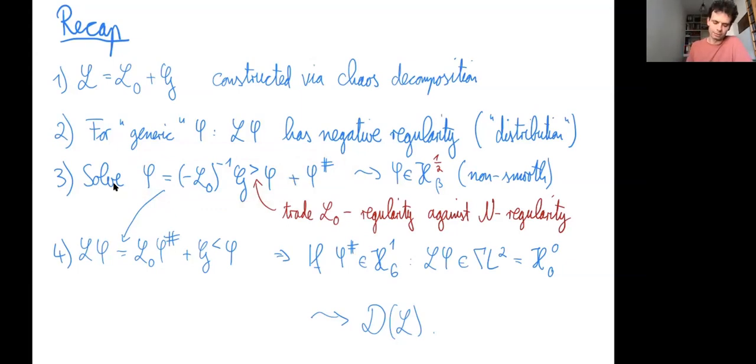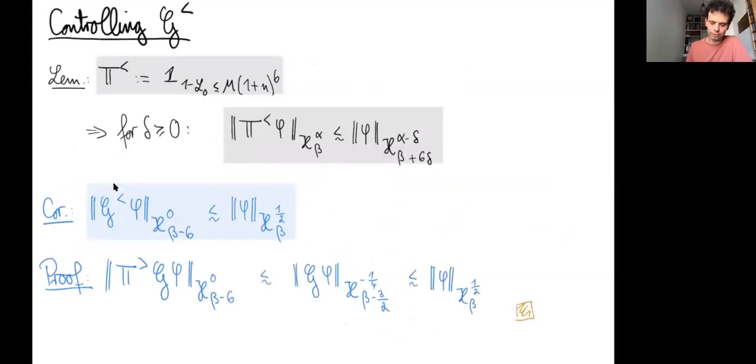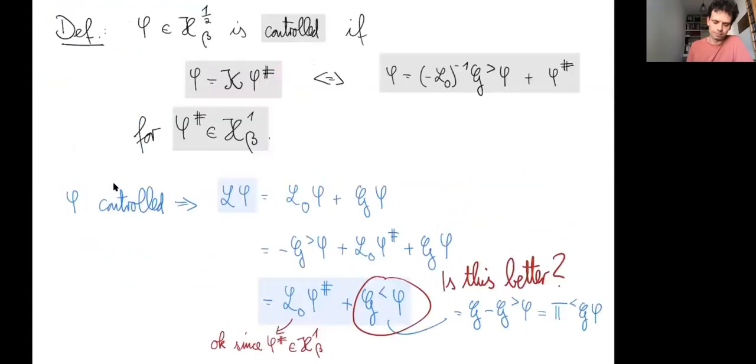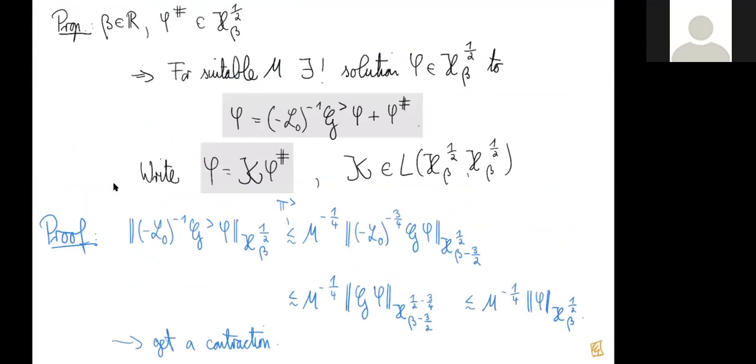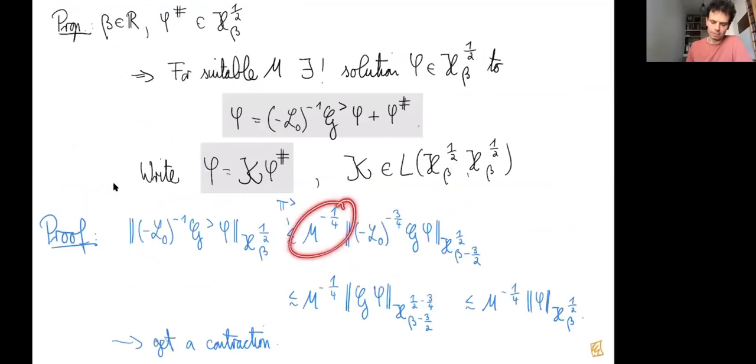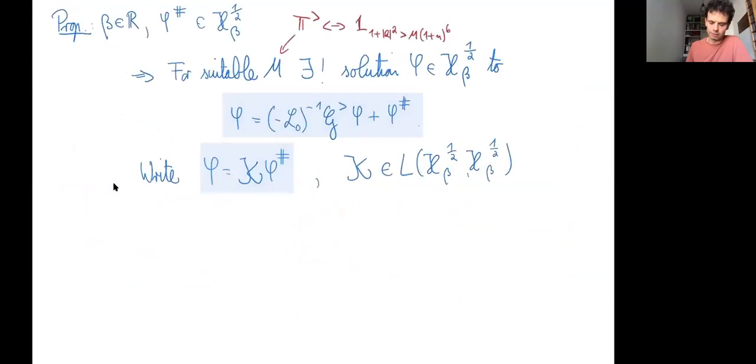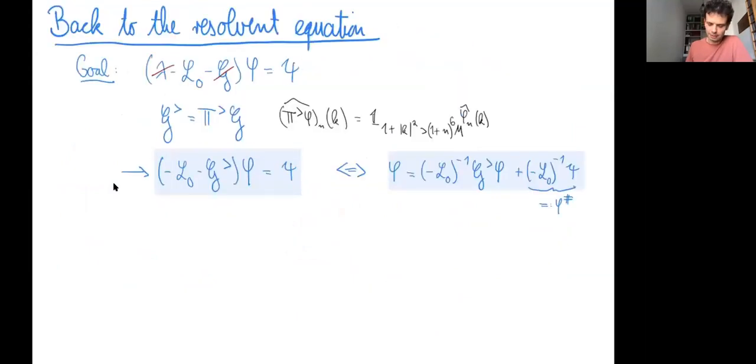So the idea is to choose this cutoff here. We had this cutoff M. Where is this cutoff M here? So we truncate to larger and larger modes, and by choosing this larger and larger, we can basically make this guy converge to 0, and in this way we only recover this part here.